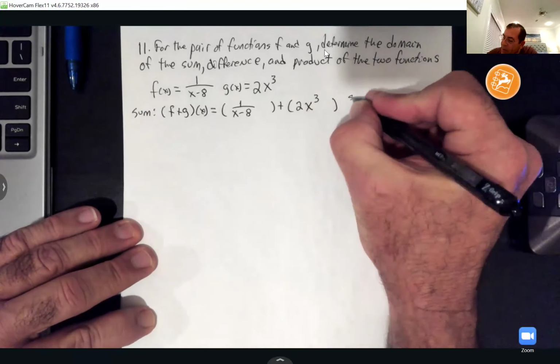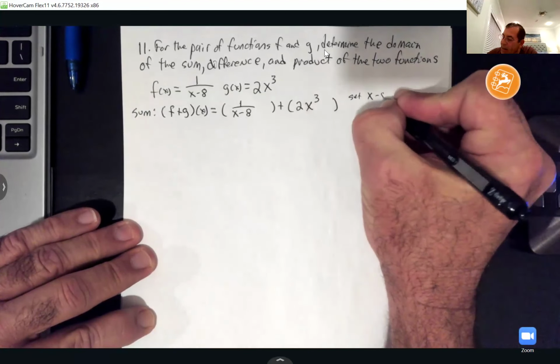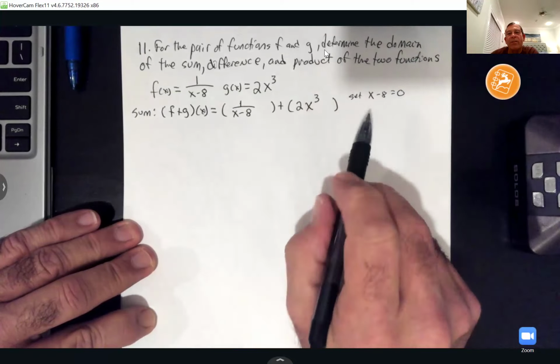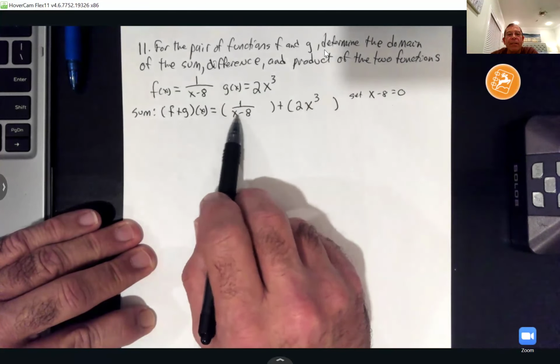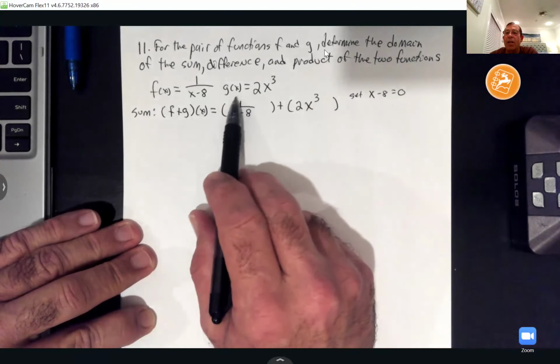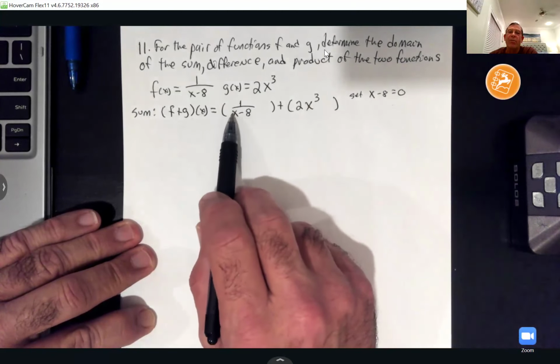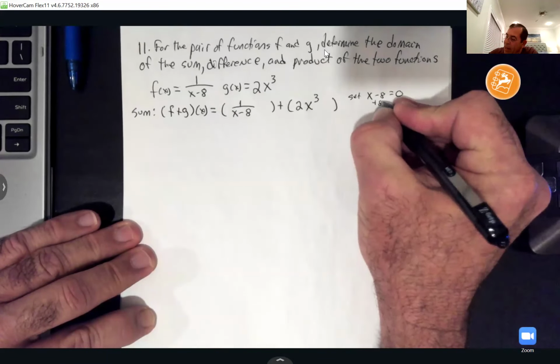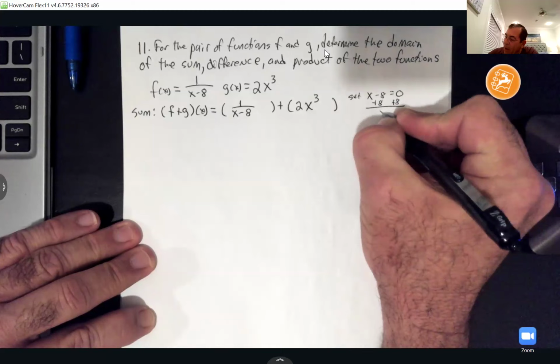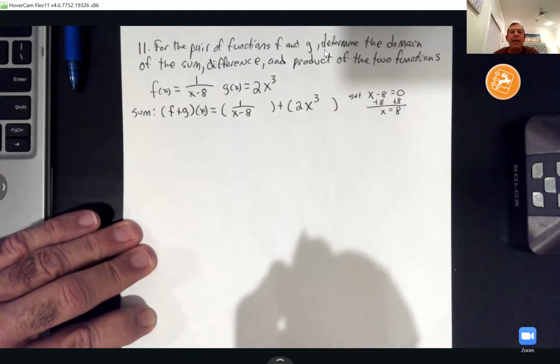So we would have to set x minus 8 equal to 0 and solve that. Because whatever answer I get makes this equal 0, which makes it undefined, which means we got to throw it out of our domain. So solving that, I'm just going to add 8. And I get x equals 8.